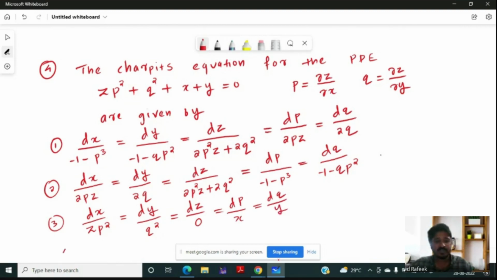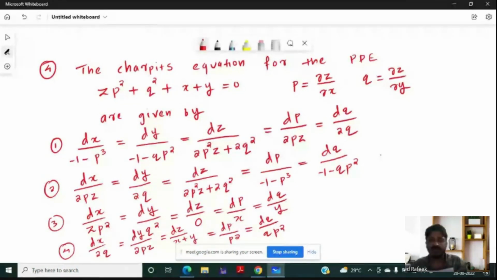The fourth option: dx by 2q, dy by 2pz, dz by x plus y, dp by p square, dq by q p square.